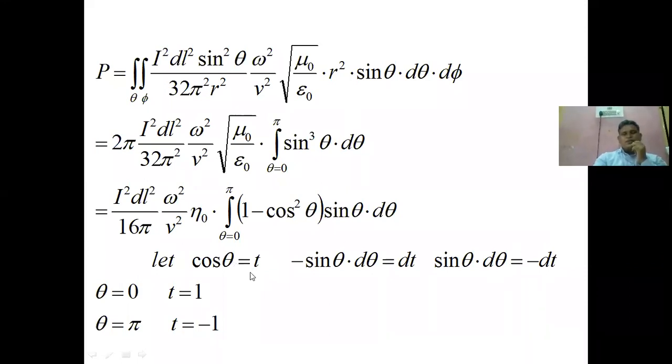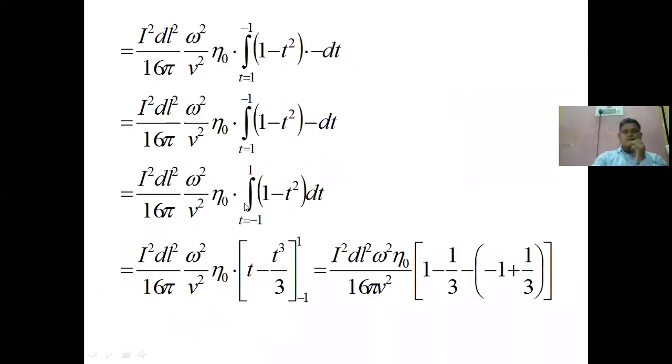Here theta varies from 0 to pi, now you want to calculate the limits for t. When theta is equal to 0, t is equal to cos 0, which is 1. Similarly, when theta is equal to pi, t is equal to cos pi, therefore t is equal to minus 1.